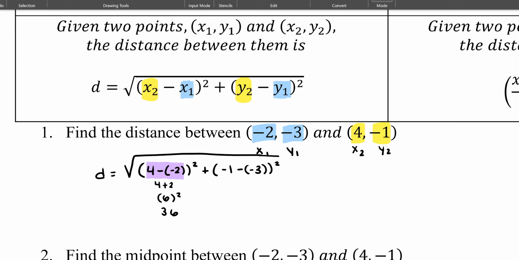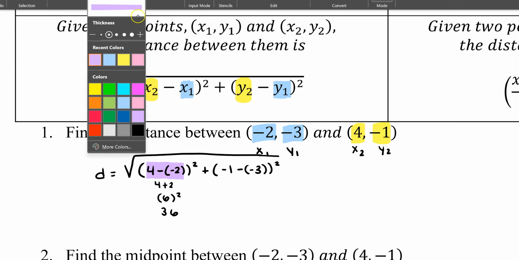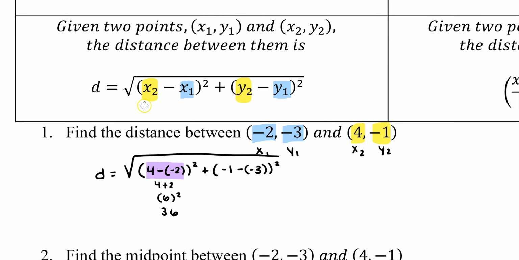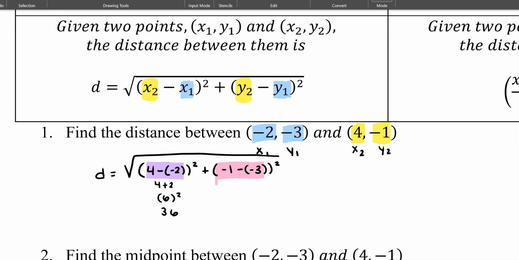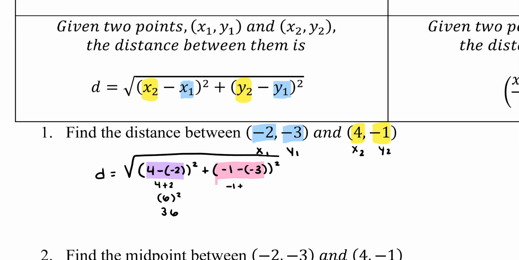And then similarly, if I do negative 1 minus negative 3, that becomes negative 1 plus 3, which is 2, and then I square that, which makes 4.